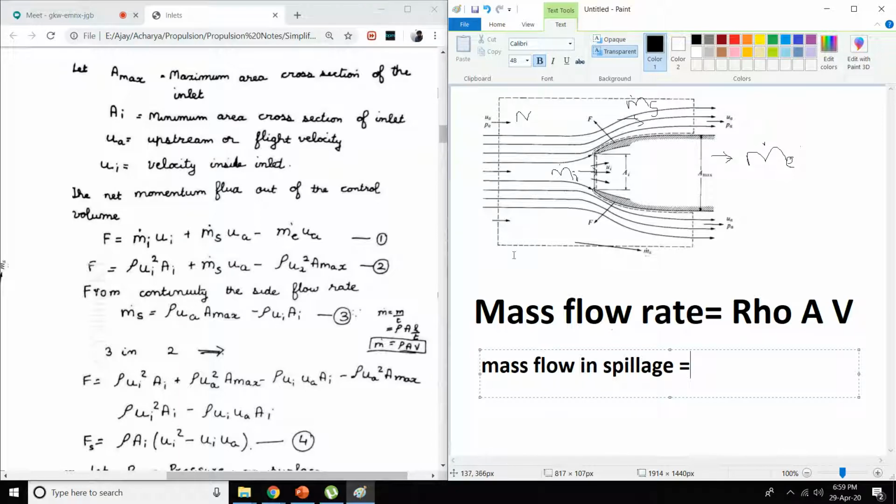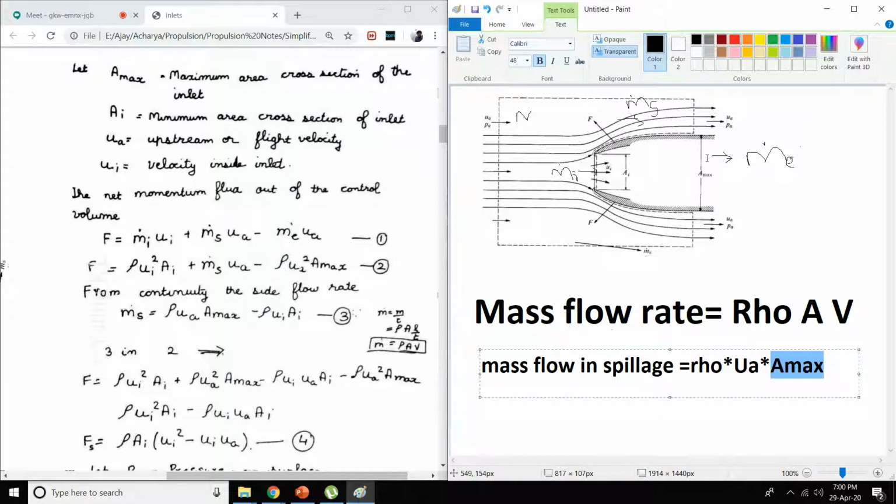If you take the whole system to be the outside system, so if you take the whole system to be rho with a velocity UA, that is the velocity of free stream, times the A max. Okay, because A max is not defined, let us take this one assumption just to understand it correctly.